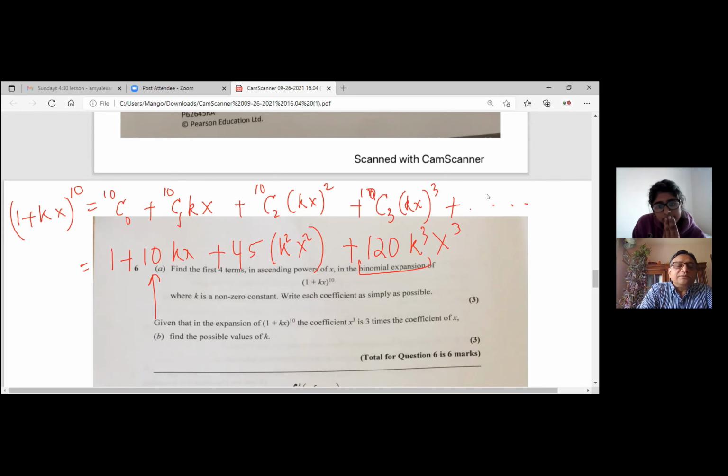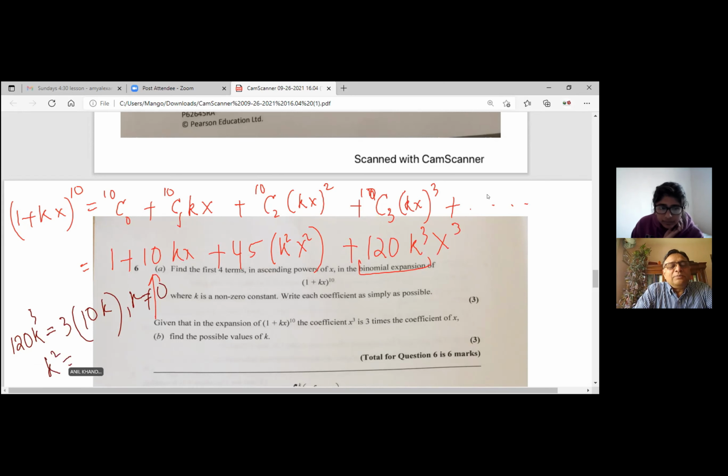The coefficient of x is 10k, and x cubed is 120k cubed. So you write your equation: 120k cubed is 3 times 10k, which is the coefficient of x. Is that clear to you? Now you can cancel one of the k's because k is non-zero, k is not equal to 0, so that is not a solution, of course. And then you will say k squared is equal to, you can simplify this, right?